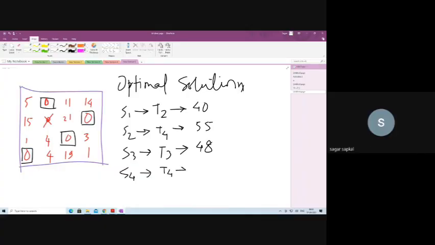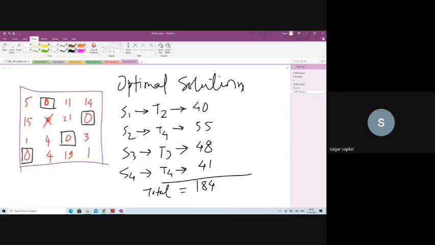Okay, what is the value at 4-1? 41. What is the total? 184. So 184 is the cost or whatever it may be.